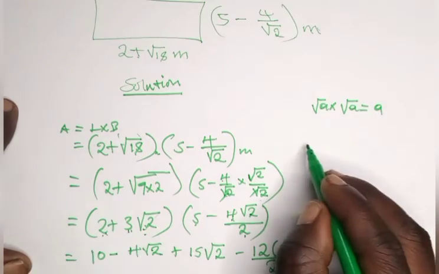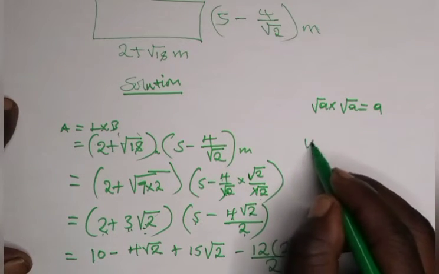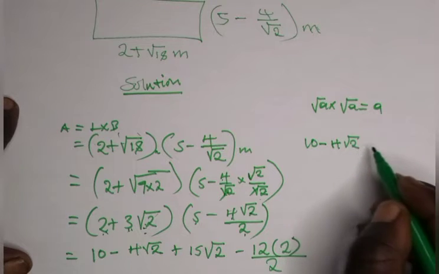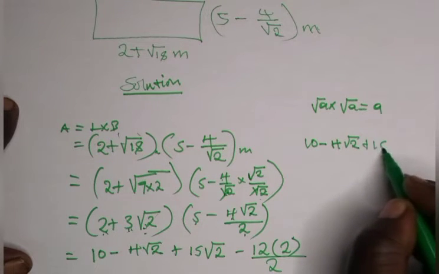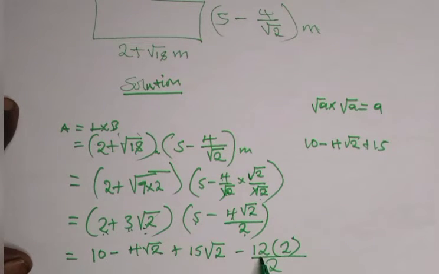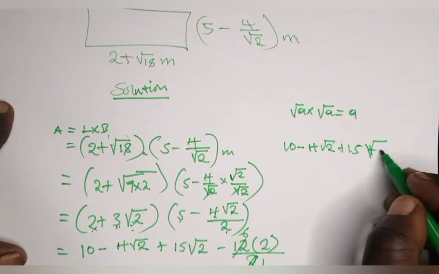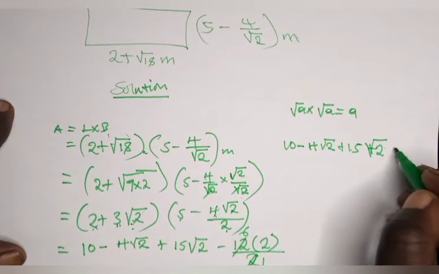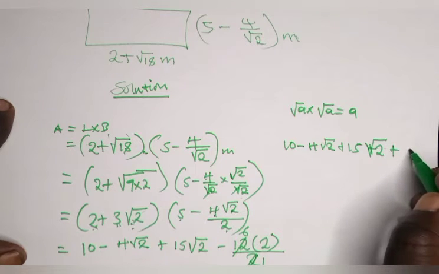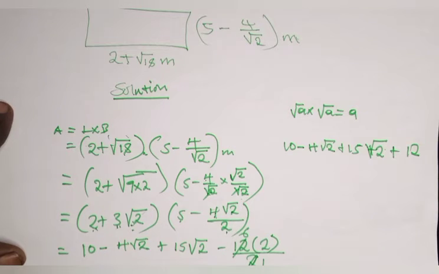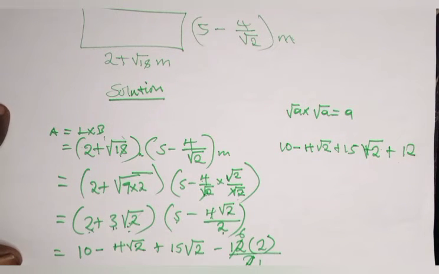Then let's do it here: 10 minus 4 square root 2 plus 15 root 2 minus 12 times 2 over 2. 2 into 2 is 1, 2 into 12 is 6, and 6 times 2 is 12.